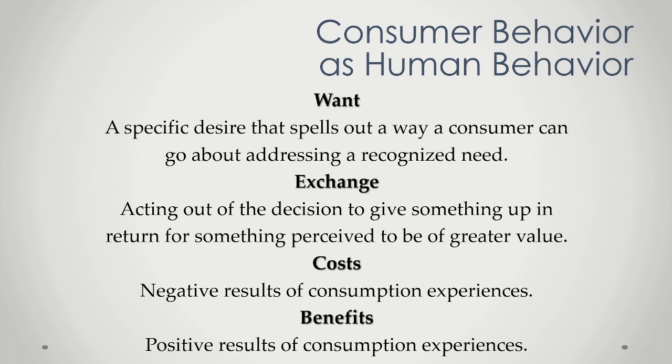The costs are the negative results of consumption experience. That's what I'm going to have to pay out. All right, if I'm going to turn over moolah, what am I getting in return? And then that's the benefits, the positive results of consumption experiences. So negative results, well, that's what I'm going to have to lose. That's what I'm going to have to pay. The benefits, that's the positive result. What am I going to gain after having paid the money?